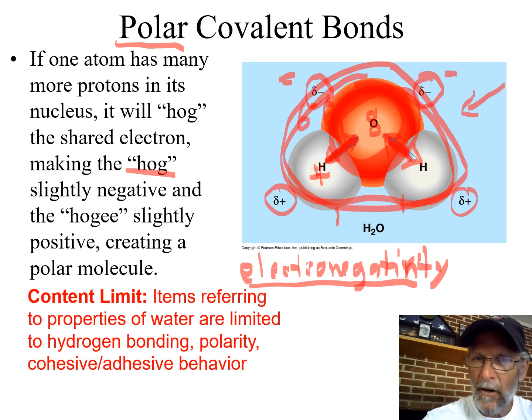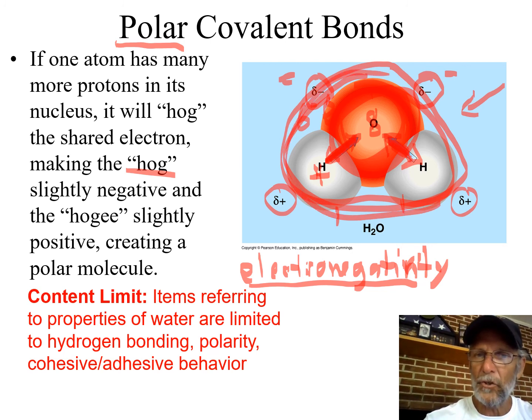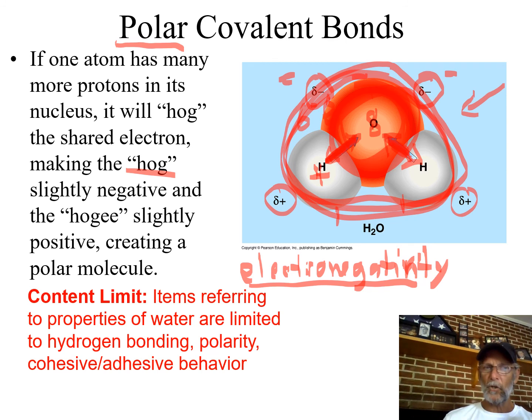Because between their atoms there is unequal sharing. Why is that? Because one of the sharing partners, oxygen, has a higher attraction for electrons than the other sharing partner. That leads to a polar molecule, and what water's polarity leads to is a big factor in how life works.